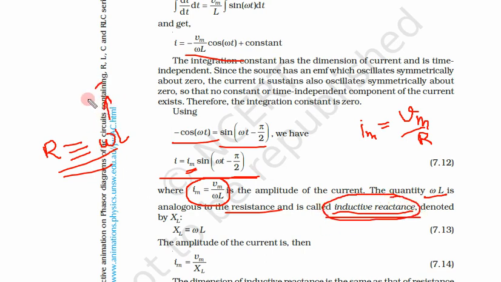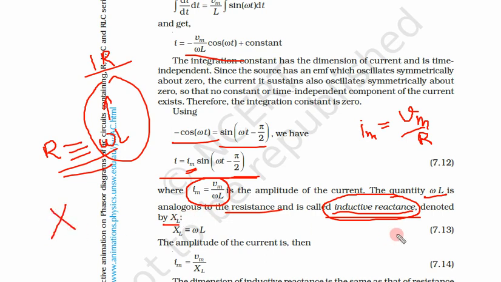Omega L is inductive reactance, and we show it by XL.